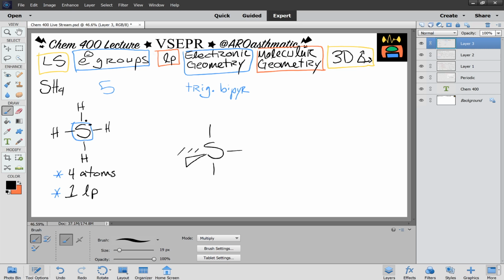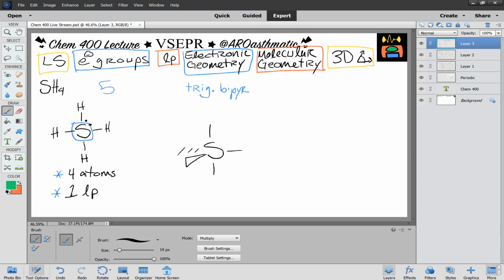Now, up to this moment in time, I've always said it doesn't matter where you put your atoms, doesn't matter where you put your lone pairs. You can just put them on however you want, and it'll be fine. That is true for linear electronic geometries, trigonal planar geometries, and tetrahedral geometries, but it's not true for the trigonal bipyramid.